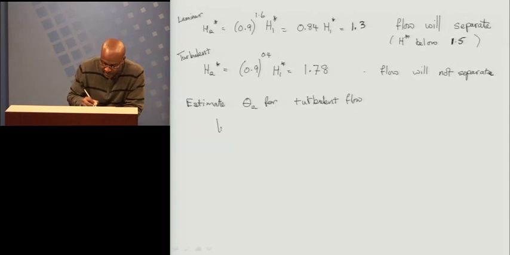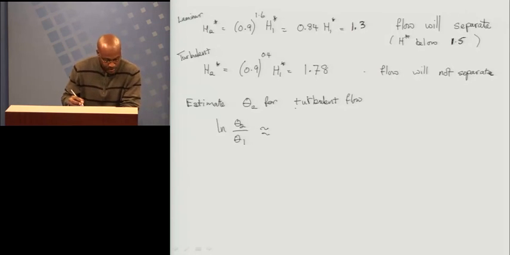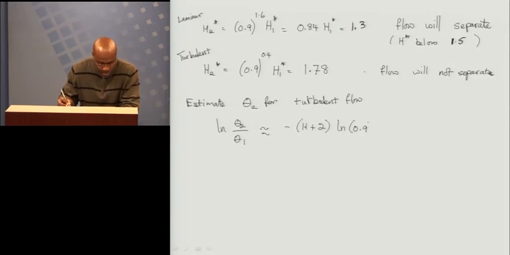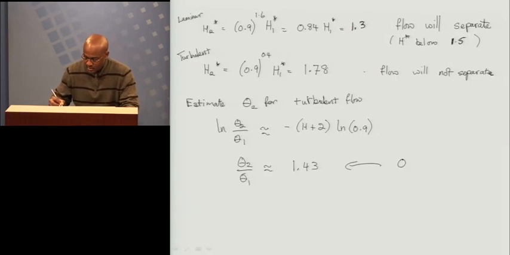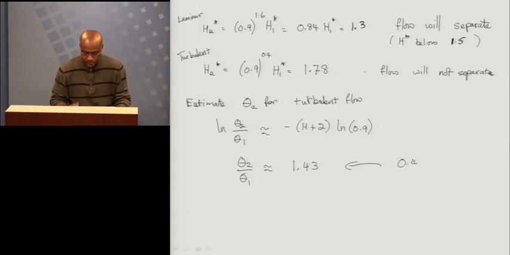I'll have to go back to my equation for theta and do an approximate integration. It's approximately equal to minus H2 on 0.9. So theta 2 over theta 1 would be approximately equal to 1.43. So that is about a 0.43% increase, approximately.